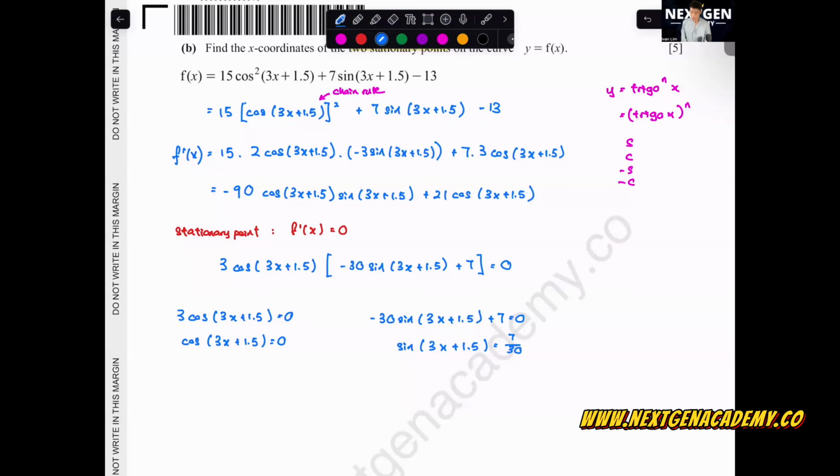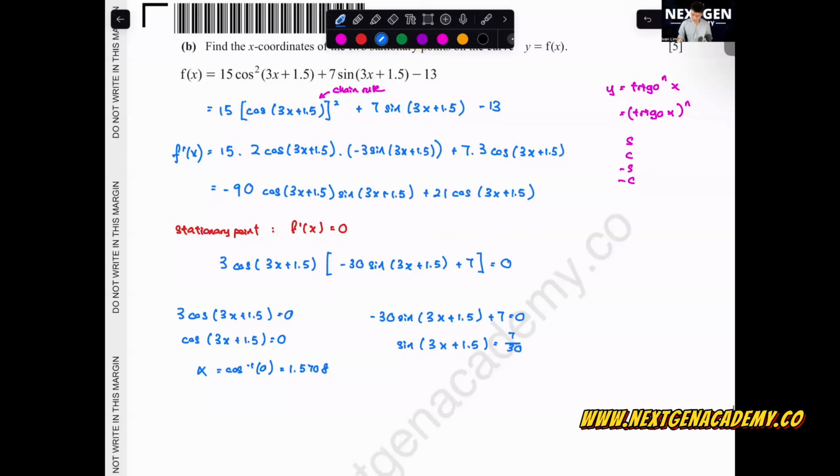Okay, now, what is the answer here? We're going to solve this. Alpha is inverse cos 0, which equals half pi, 1.5708.